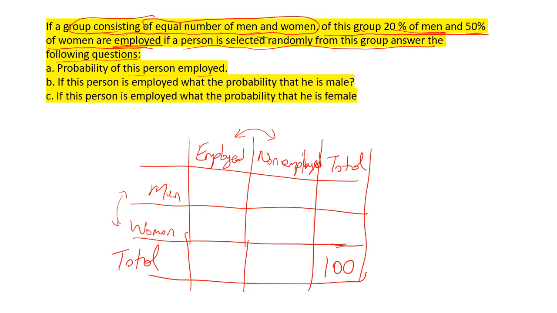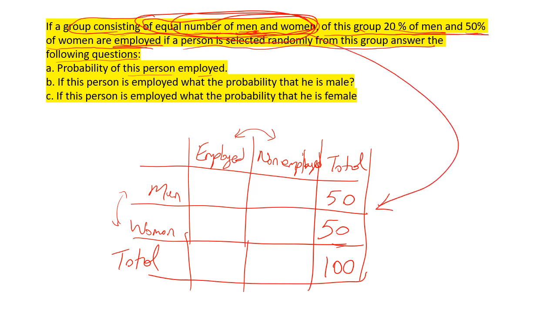Now, it has an equal number of men and women, so the totals should be 50-50, right? Because of this fact. Now, of this group, 20% of men are employed.